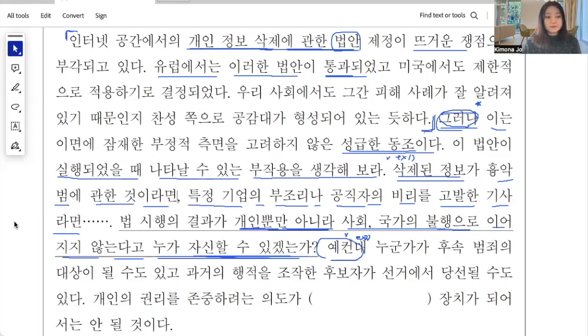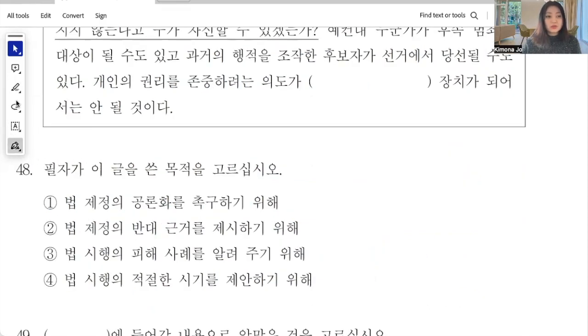That's why 48, the right answer is number 2. 왜? In order to show the opposite proof. Proof is those examples. The proof against making the law.